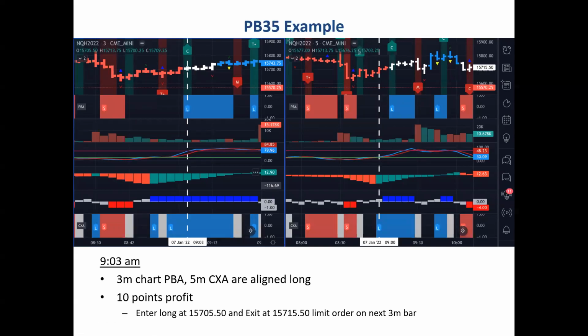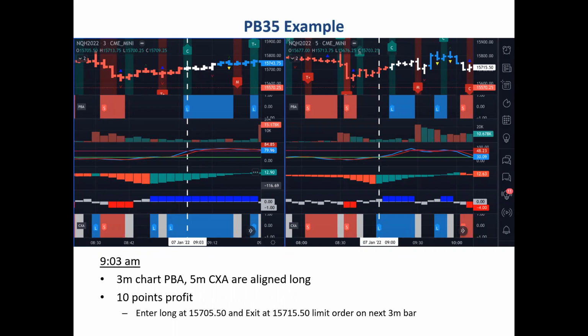So if you had some slippage, maybe you got filled at 15,706, you would have had two ticks of slippage. You would still place your profit target at 15,715 and a half, and you might end up with 9.5 points of profit, whereas the system is generating a trade that showed 10 points of profit.